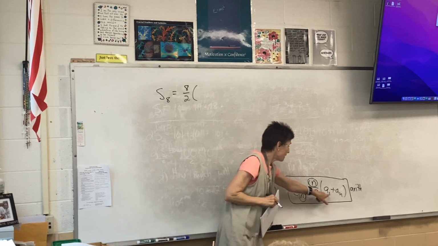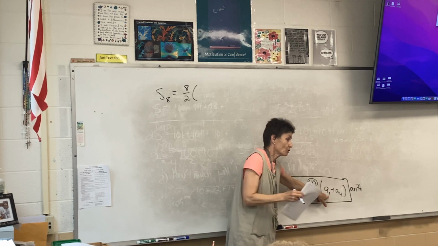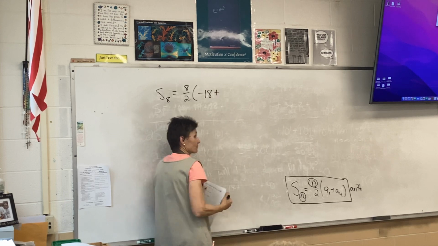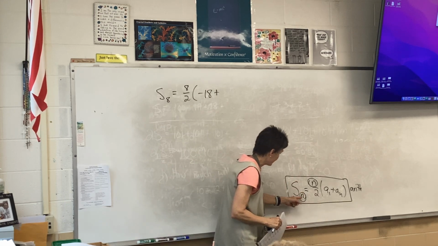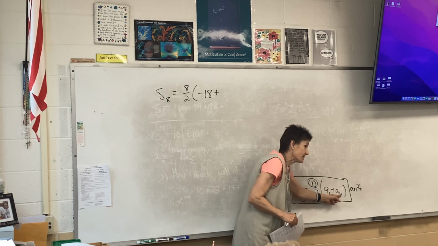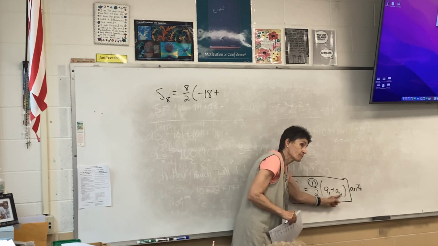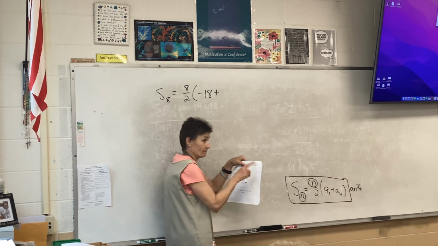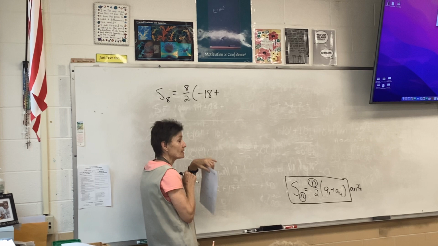What does this stand for? First term, and the first term is negative 18. Now remember, this formula has 3 n's in it. So that's 8, that's 8, that's 8. So this means the 8th term, which is, turn your paper, what's the 8th term? 17.